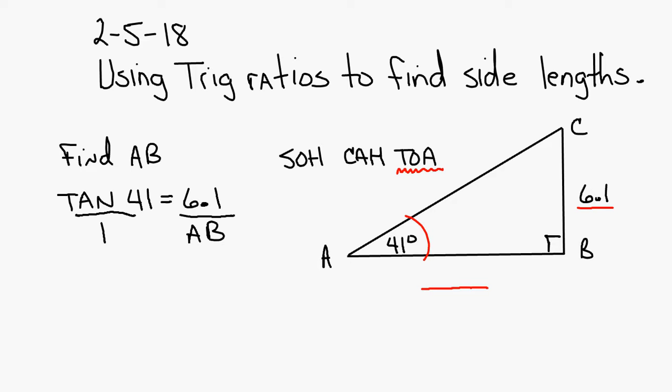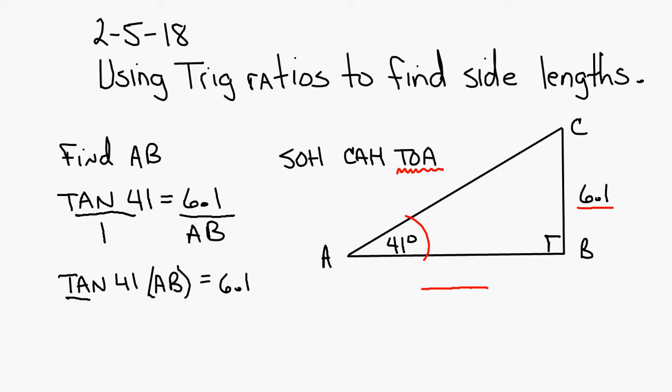And in a proportion, cross products are equal to each other. So if you crisscross multiply, and again, you're not going to multiply anything yet, you're going to take tan 41, and if you multiply it by AB, you would have tan 41 times AB. And you make it equal to 6.1 times 1, which is 6.1. Now, you're trying to isolate the AB.